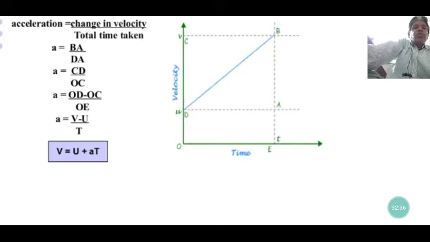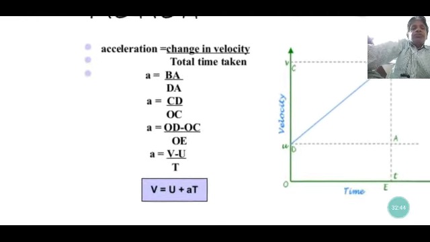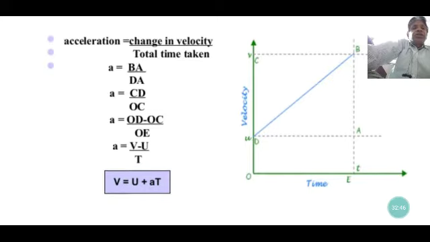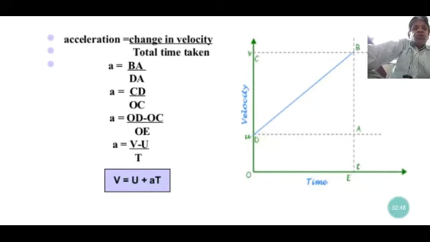Now we can find a: CD may be written as OD minus OC.